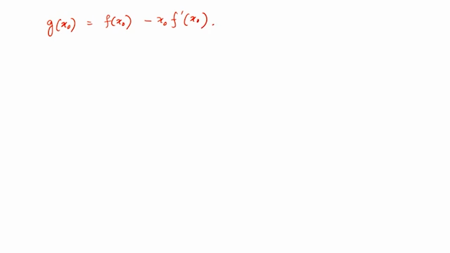So, we can generalize it to any point, that is g of x is equal to f of x minus x p of x. Okay. If it is true at x 0, which is an arbitrary point anywhere on the curve, then it is true for any variable x. And just to remind you, let us call this equation 1, and p of x is nothing but df dx.